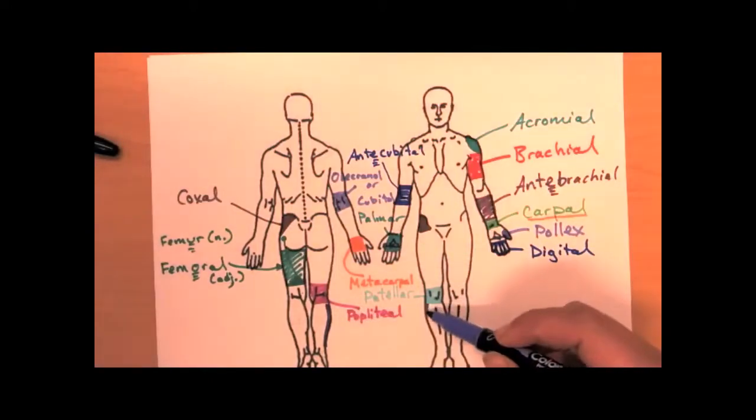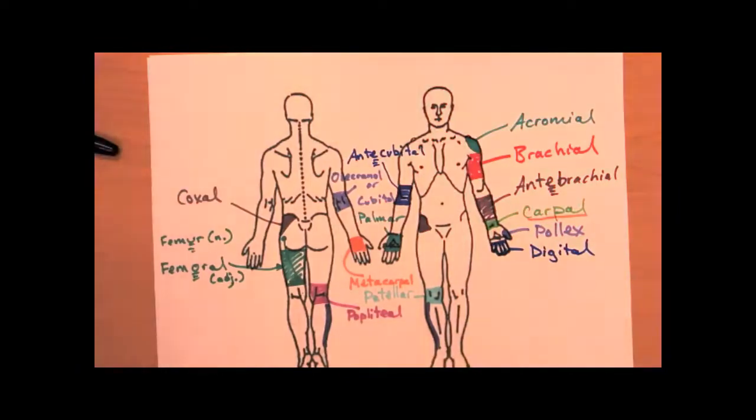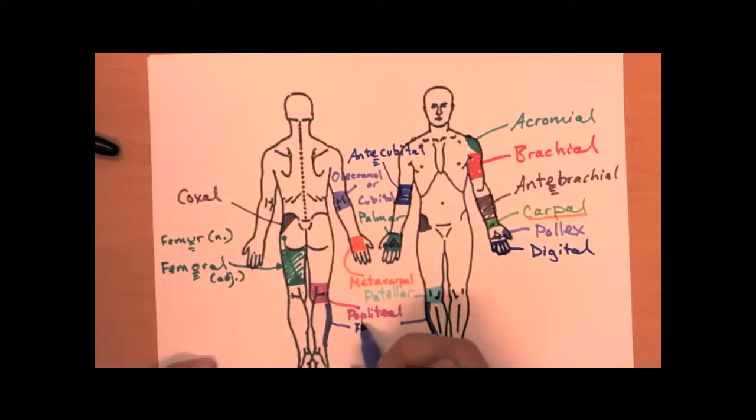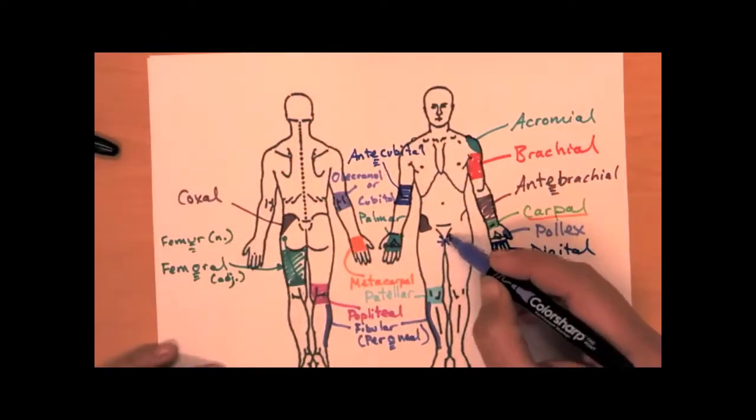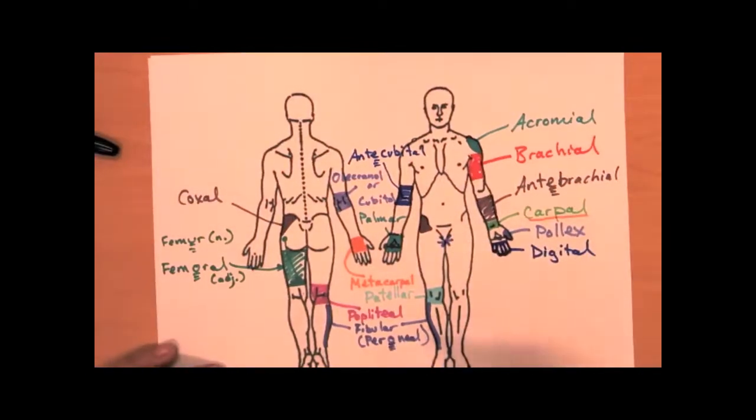So the lateral lower leg is called fibular, because the fibula is the bone on the lateral side of the lower leg. Alternatively, you can say peroneal. Right, again, not with an I, but peroneal.